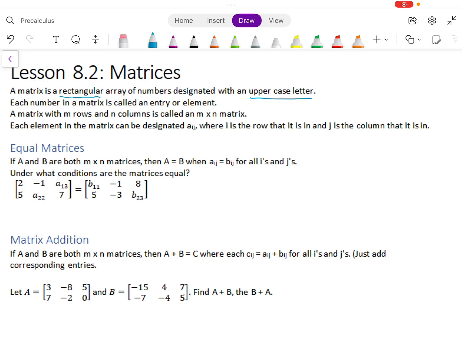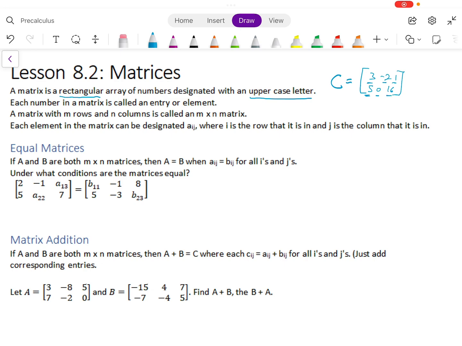Let's say matrix C is, and we want a rectangular array of numbers, so we should have some rows and columns. So this is maybe -3, -2, 1, and 5, 0, 16. And so it's rectangular. Each number in a matrix is called an entry or element. So we have 6 elements here in our matrix.